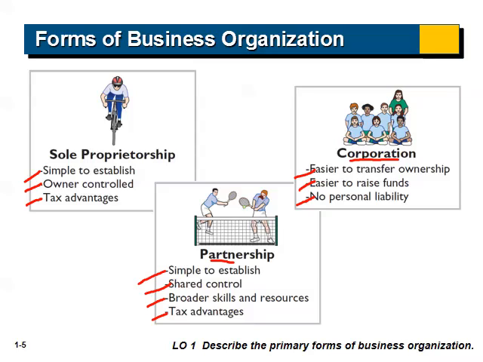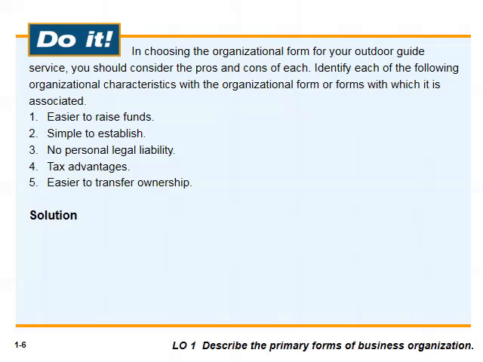If the company goes under, if it gets sued, they can't come after your personal assets where they can in these other types of organizations. So very first thing, you're starting a business, which type of form are you going to choose?